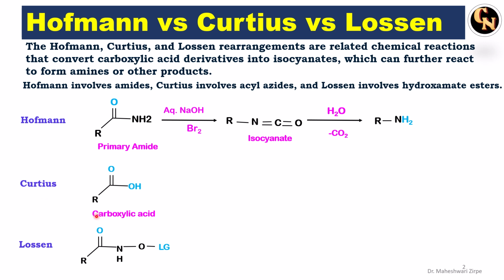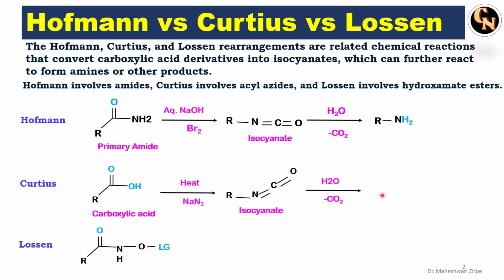Similarly, in Curtius rearrangement, when it reacts with sodium azide, your carboxylic acid gets first converted into acyl halide and then it gets converted into isocyanate. Then the same reaction takes place when a water molecule gets added on the carbon nitrogen double bond.